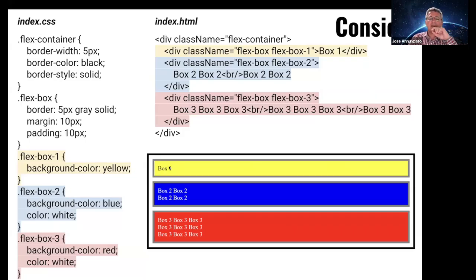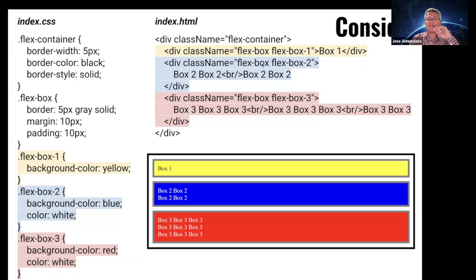Now I've added some styling here only to exaggerate some of the layout. So for instance, the container, I've made it black. It's solid, and very thick lines. So you can see that right here. Then they're all boxes, all these divs are boxes.